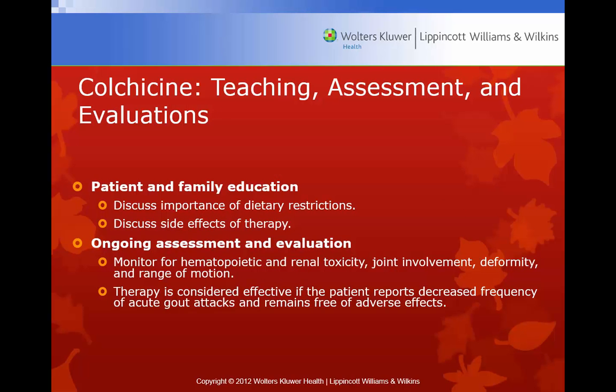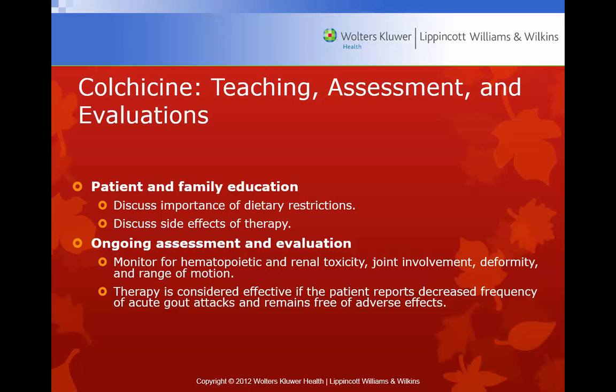Patient and family education. We want to discuss the importance of dietary restrictions and discuss the side effects of therapy and which ones they would need to report to us as well. And we want to monitor for hematopoietic and renal toxicity, and joint involvement, deformity, and range of motion.